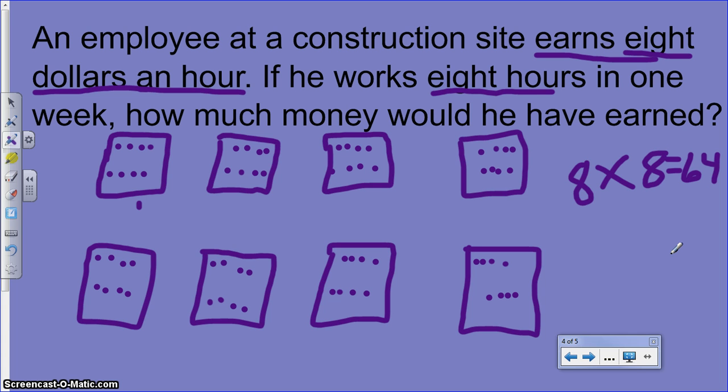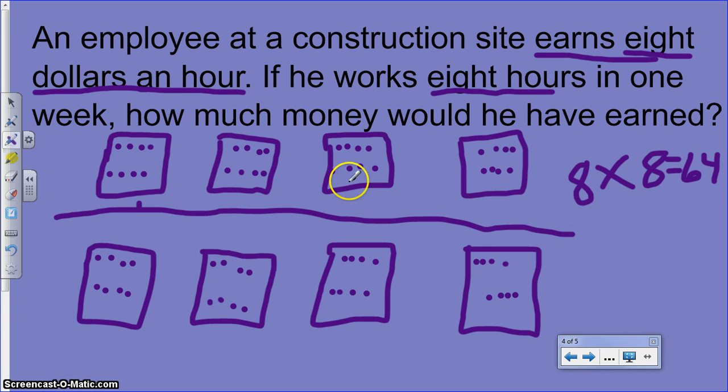One cool thing I want to show you, a little bit ahead of time. The way I figured that out is I actually forgot what 8 times 8 was. So what I ended up doing is I split this in half. This one up here was 4 hours, see? 1, 2, 3, 4. It was 4 hours with $8 per hour. I knew that 4 times 8 was 32.